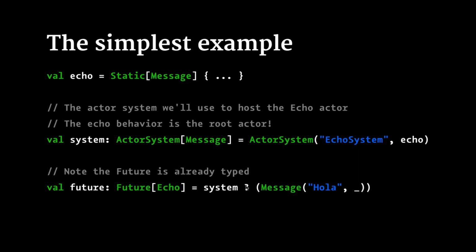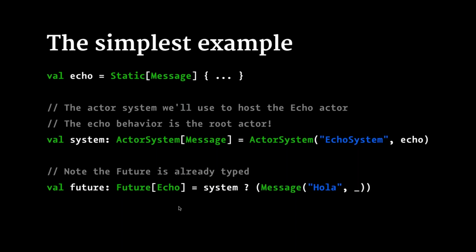Now, when I am on a regular actor system, my ask pattern returns a future of any, because I don't know what kind of message is coming back. But here, of course, because we're in Akka typed, that future is now typed. So I don't have to call map to or do any type of pattern matching.